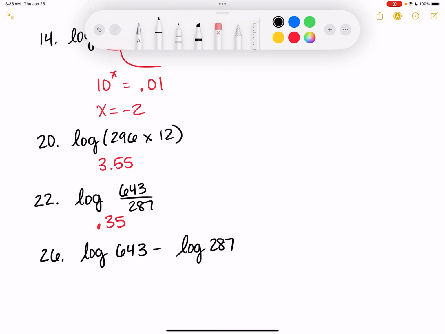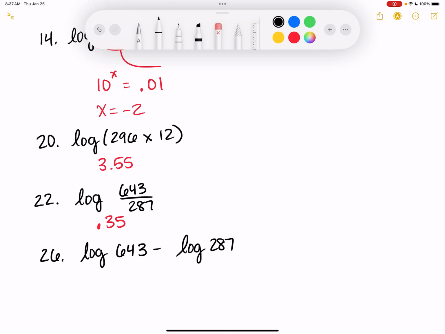What do you notice about this problem compared to the last one? Yeah. Because you can only have one log, right? Like if we were condensing. Yeah, 287 to 643.